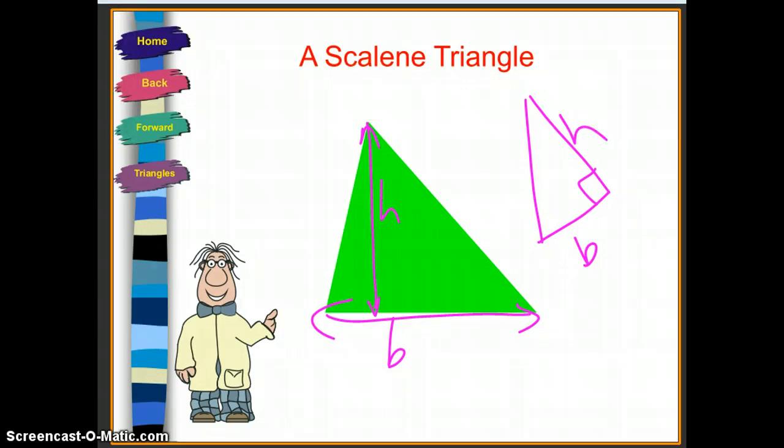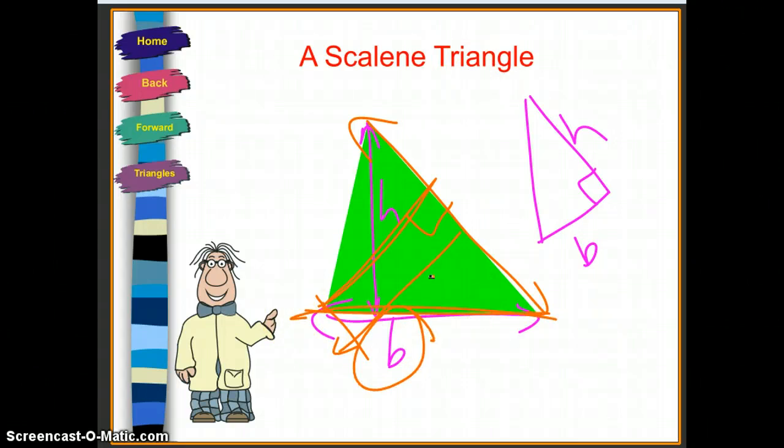There's nothing stopping me saying that that's my base, and then I'd have to find out, well, what's my vertical height would be here at right angles. But it kind of makes it more tricky. It's easier to use the base of whatever's actually on the bottom. Okay.